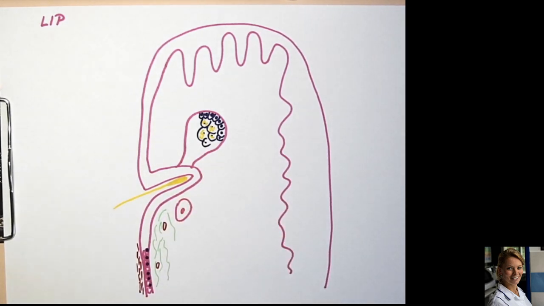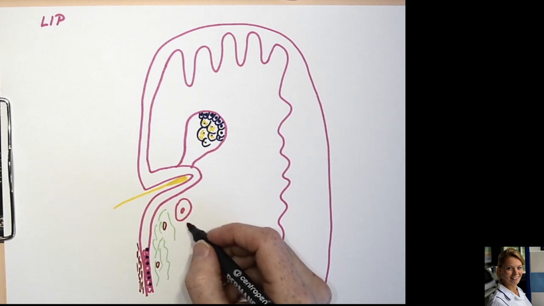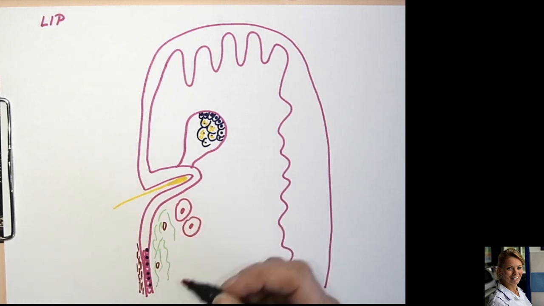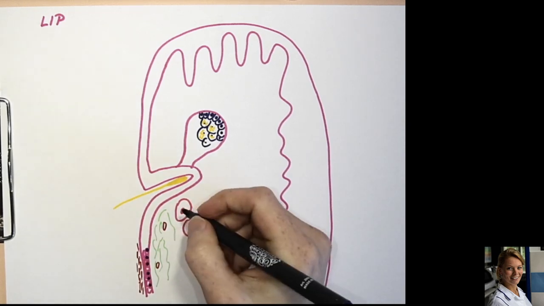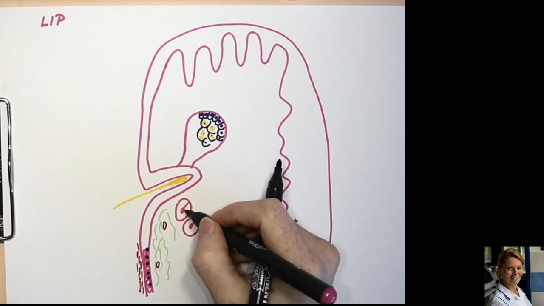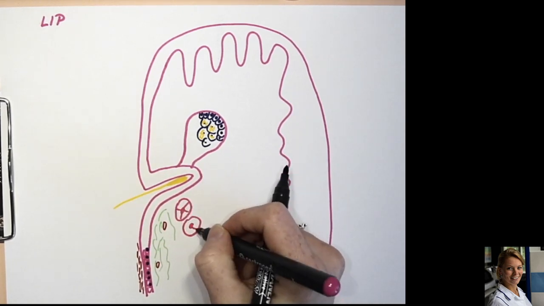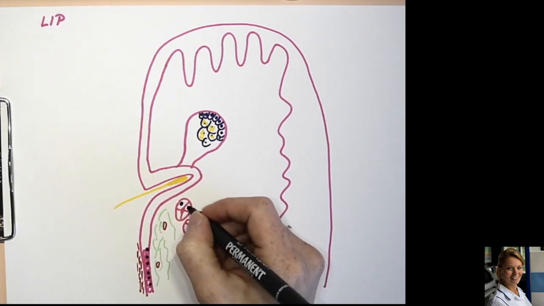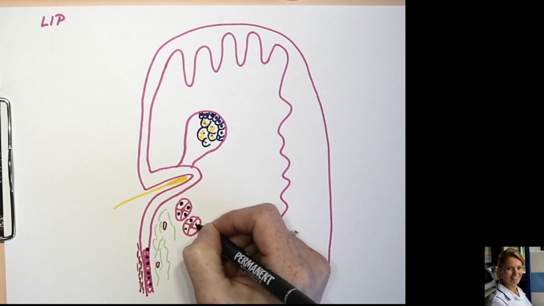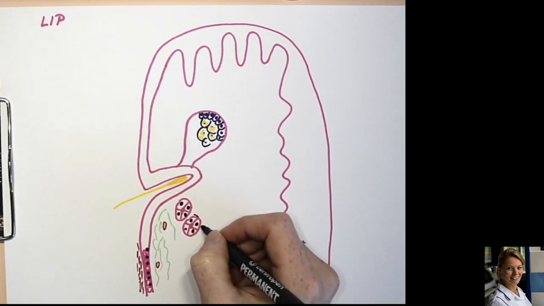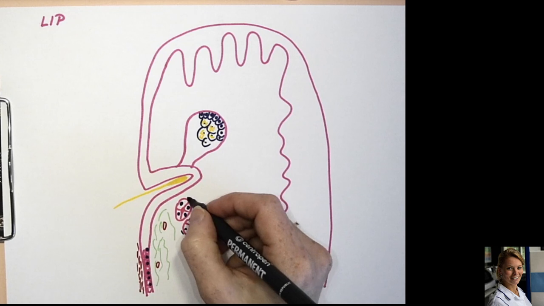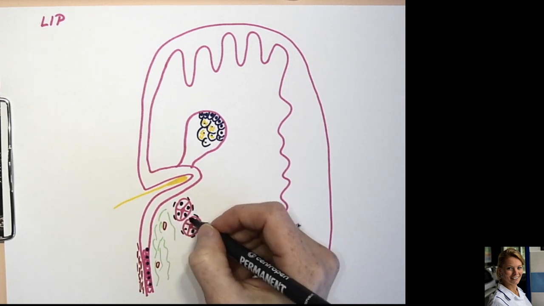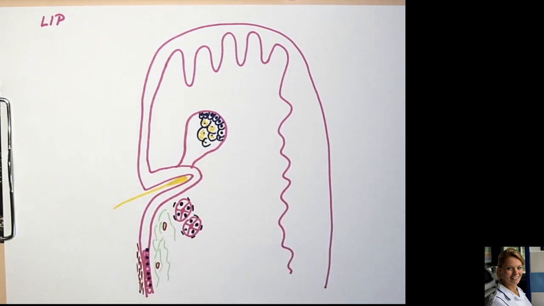This is a coiled, unbranched gland, in which the secretory part is lined with a simple layer of cuboidal cells with round nuclei, and around the secretory part you can find myoepithelial cells which help in the delivery of secretion into the duct.